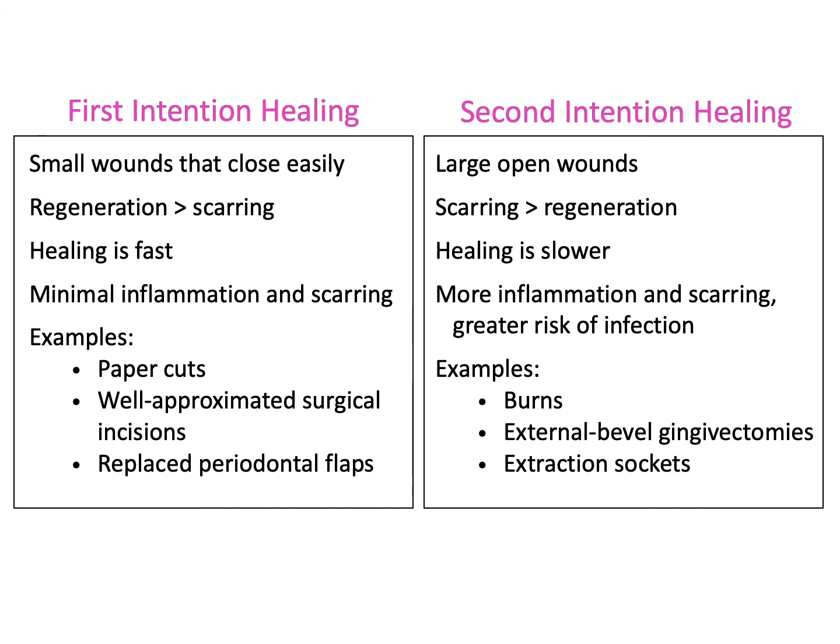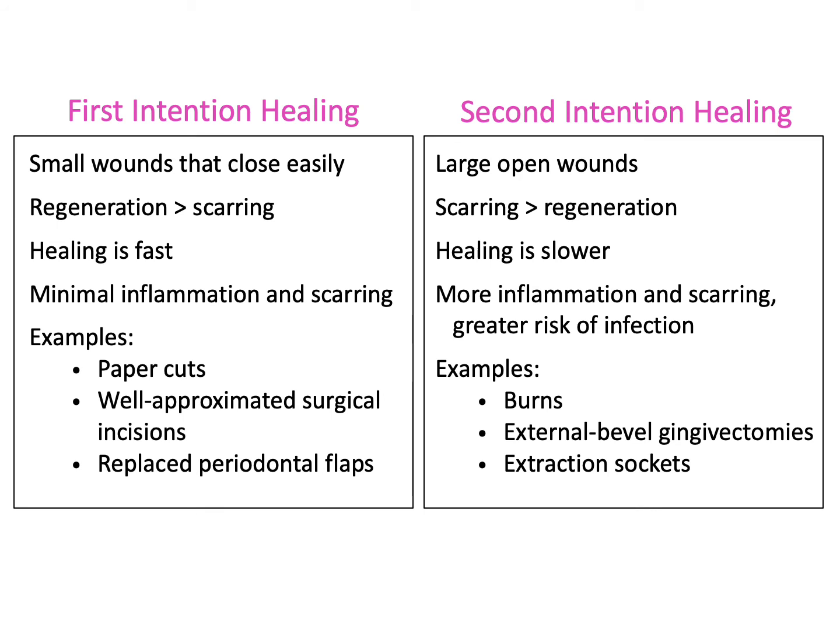Even if it's a big cut, a big gash, the edges aren't going to hold together on their own. So small-ish wounds that close easily, that's first intention healing. The wounds that heal with second intention are larger typically, and they're open. So anything where the edges aren't sitting next to each other. All this stuff really makes sense.